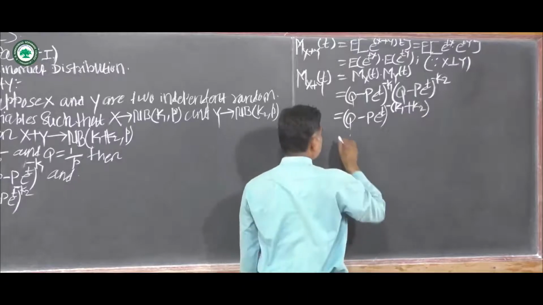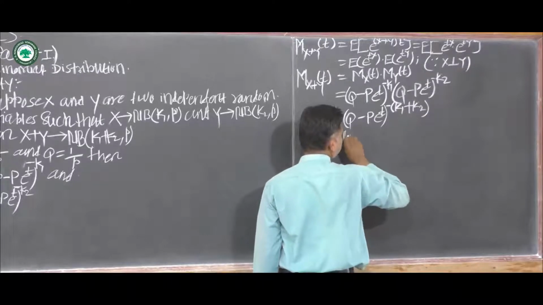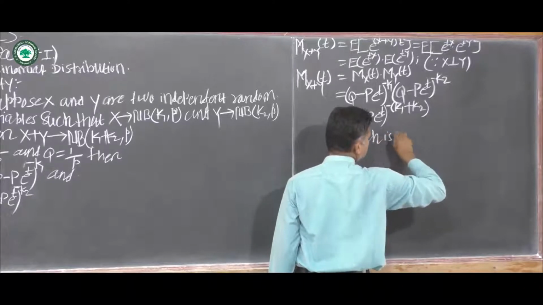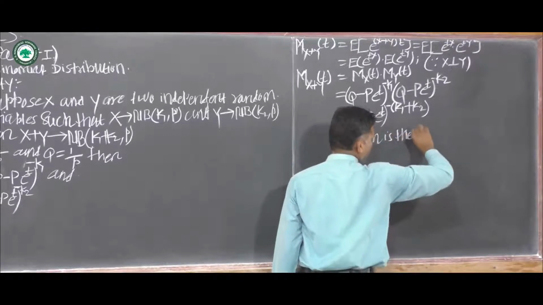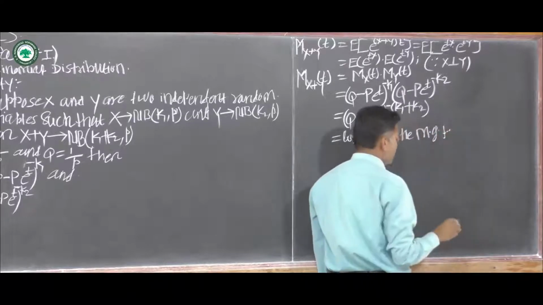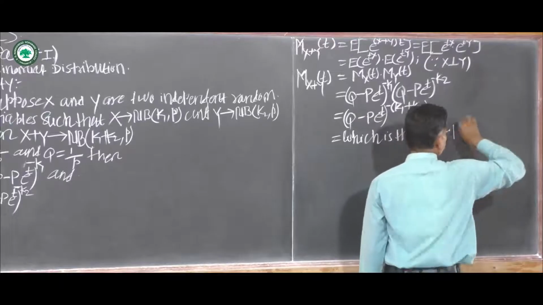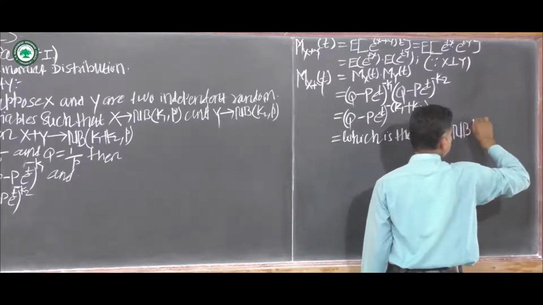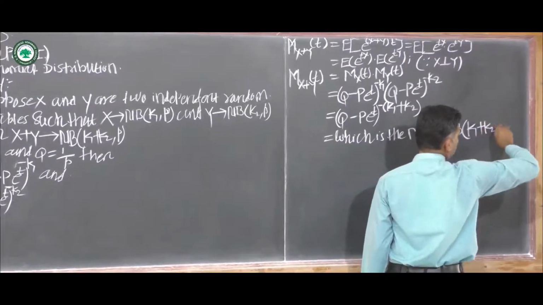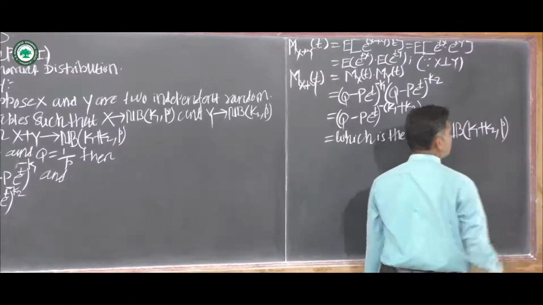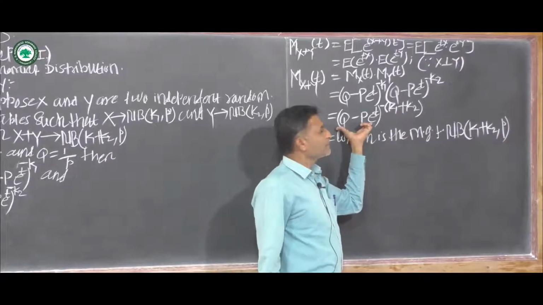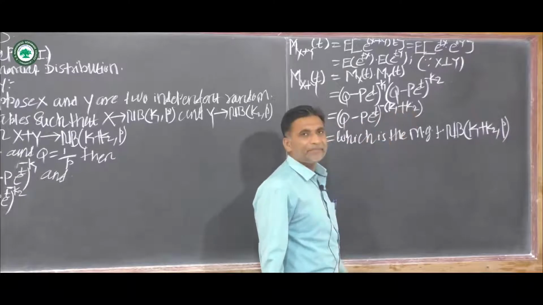This is the moment generating function of negative binomial distribution with parameters k1 plus k2 and p.